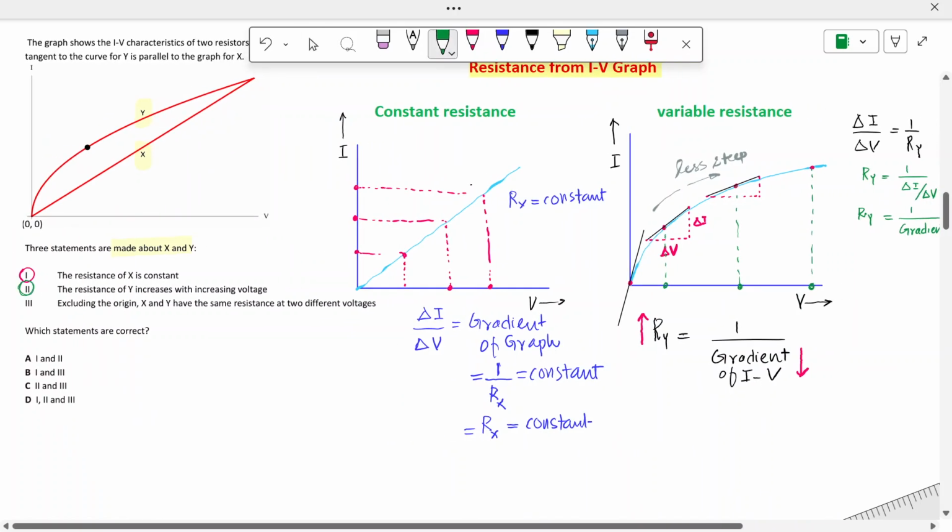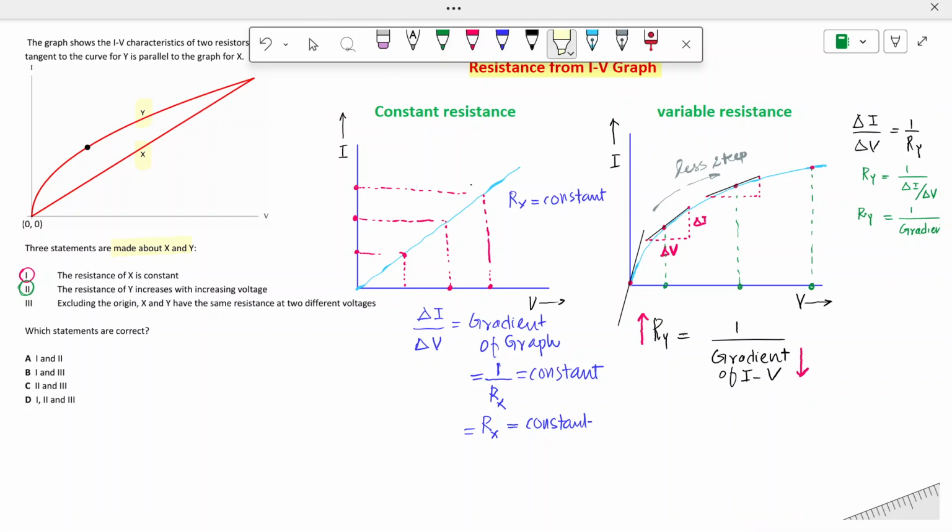Now let's investigate the third option, which says that excluding the origin, X and Y may have the same resistance at two different voltages. Let me show you in a detailed manner whether it is correct or not.